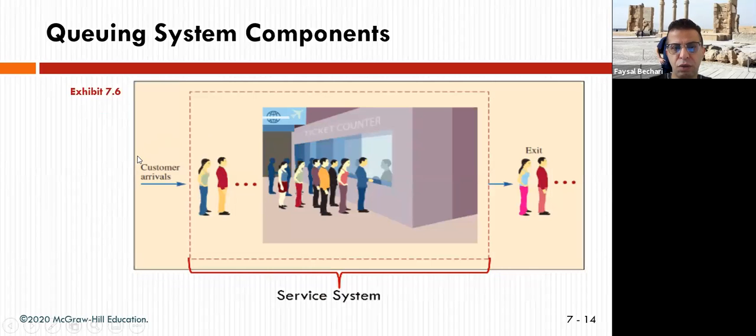So this is how it looks: customer arrival, then probably ticket counters, and customer exit. And this is the service. Later on, we'll be talking about different kinds of service providers.